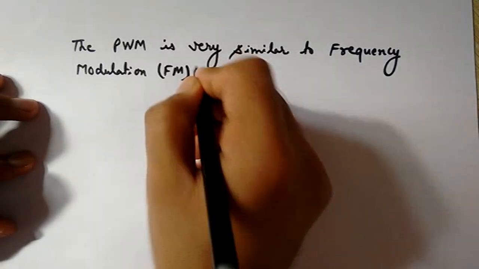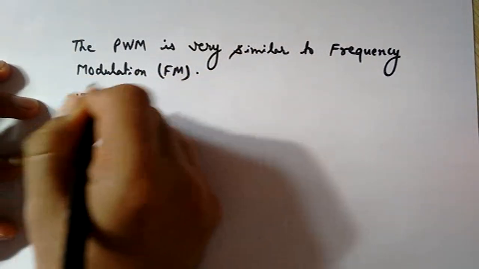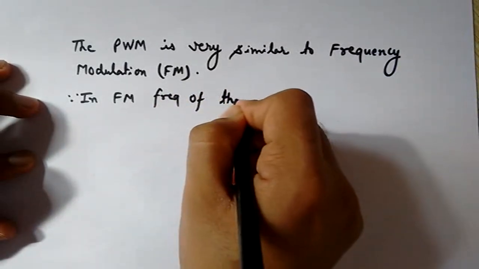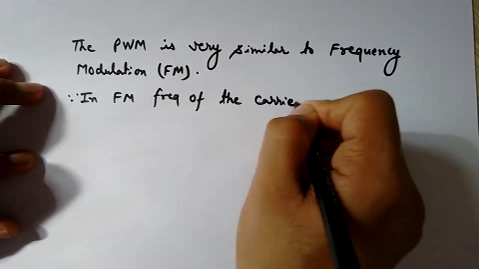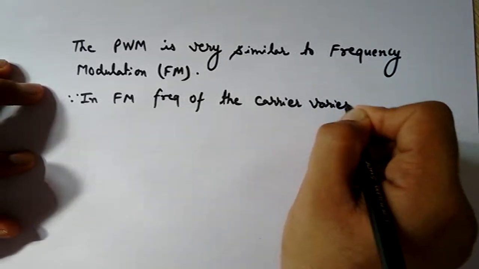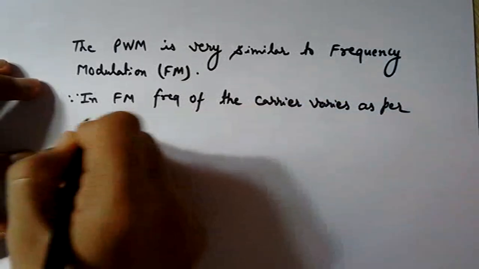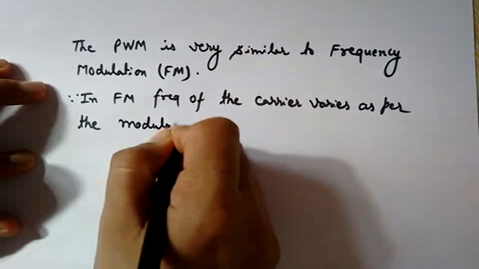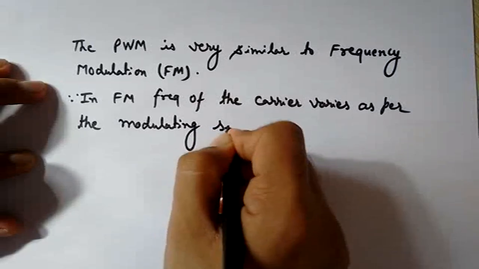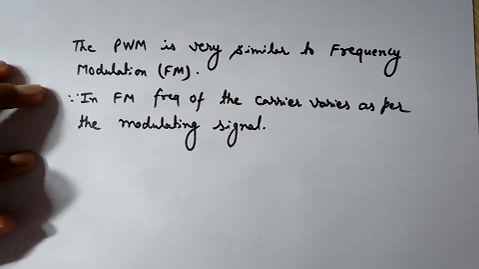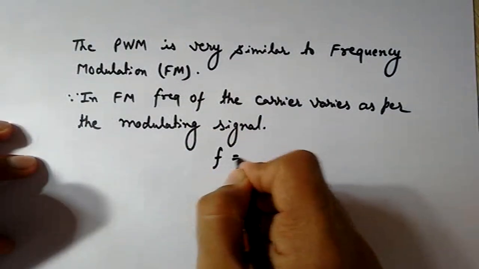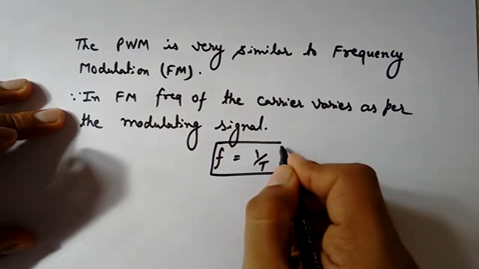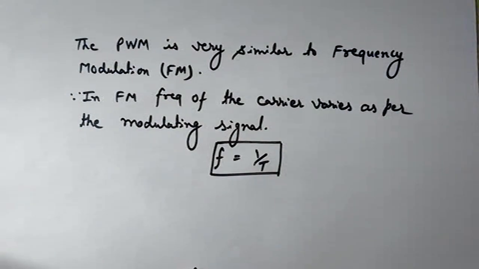So since in FM the frequency of the carrier varies as per the modulating signal, and frequency is nothing but the inverse of time period, we can say that the time period varies.